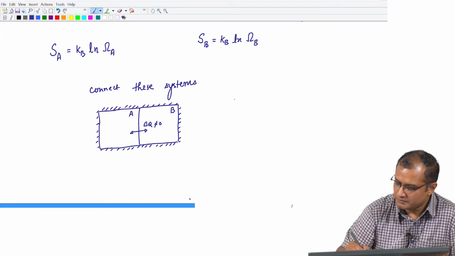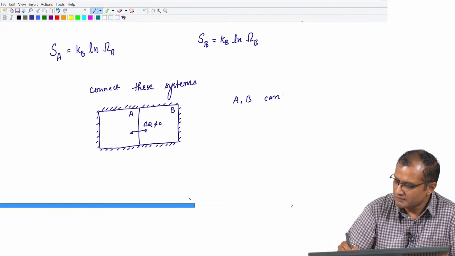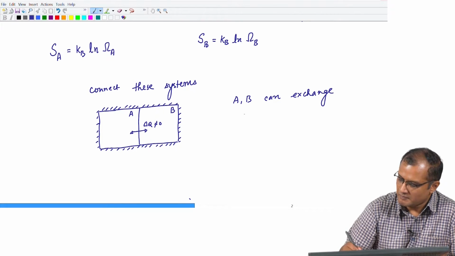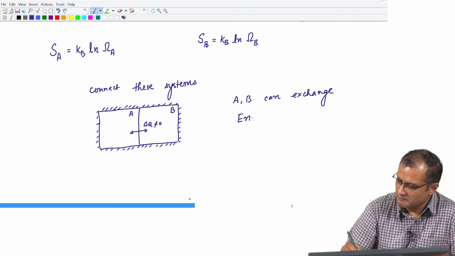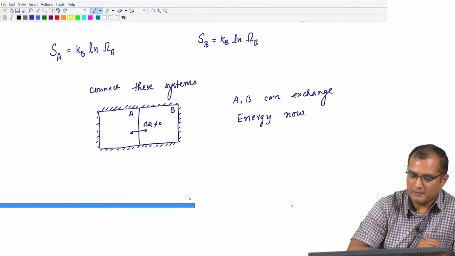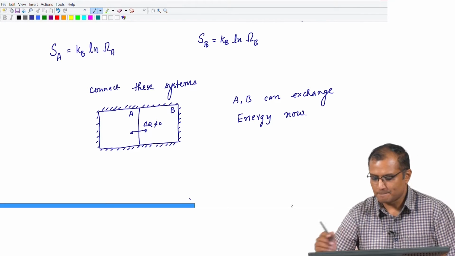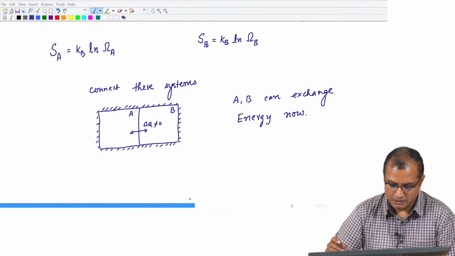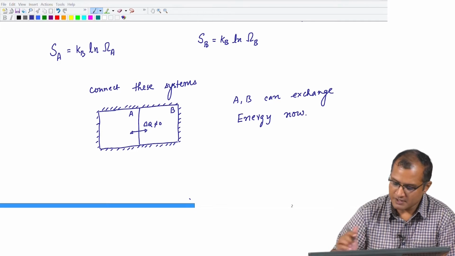So, A and B can exchange energy now. Only energy, the walls are all fixed.